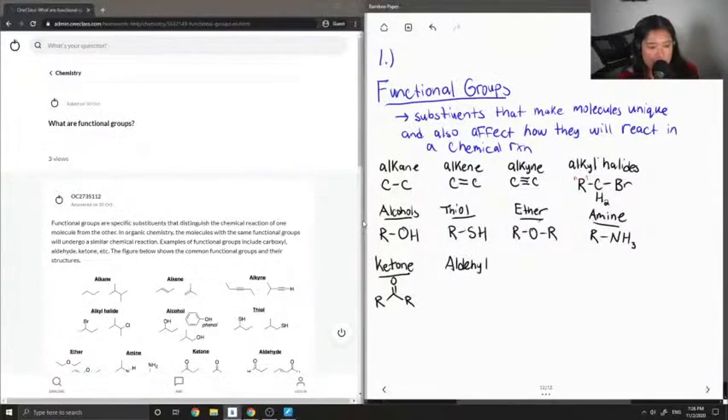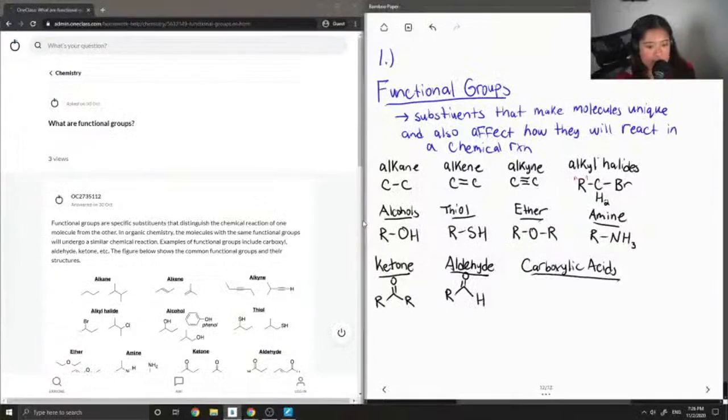And what's similar to ketones are aldehydes. Again, there is a double bonded oxygen, but the only difference is that it's at the end of a carbon group. So instead of being bonded with two carbons, it's bonded with a carbon group and a hydrogen. You can have carboxylic acids.